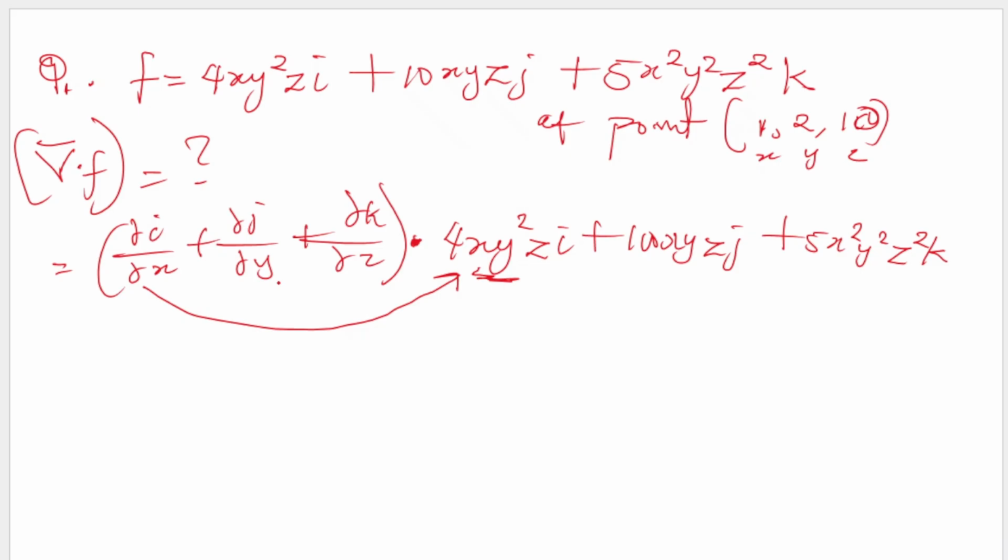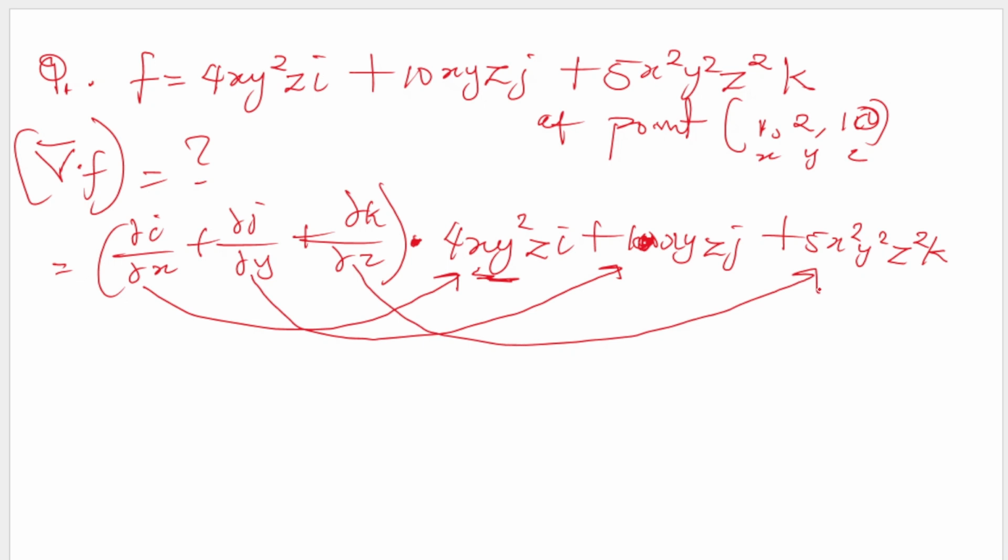That's the meaning. You apply the same concept with partial j of partial y multiplied by 10xyz, our j component.